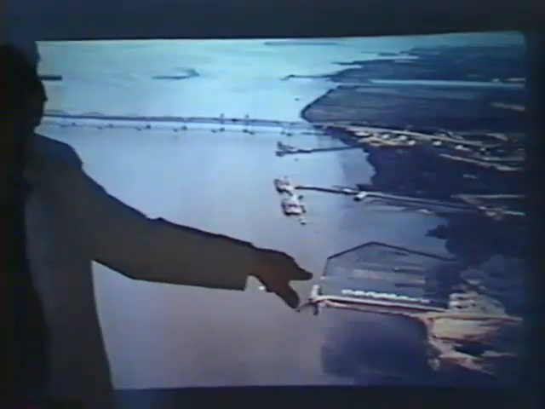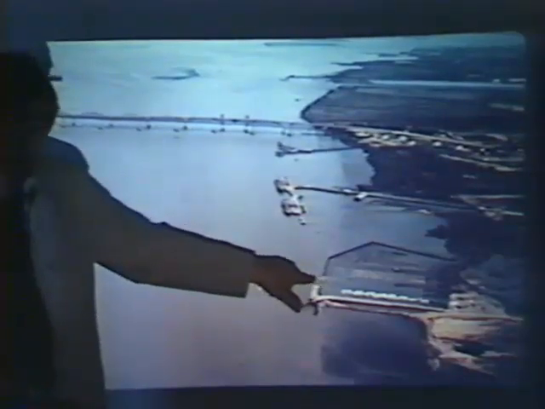Up at Noyo Harbor, at the Noyo River, the harbor district built a harbor by excavating valley floor. They made a basin in the valley floor right next to the river. And to separate the harbor from the river, they put in a wooden wall 1,000 feet long.